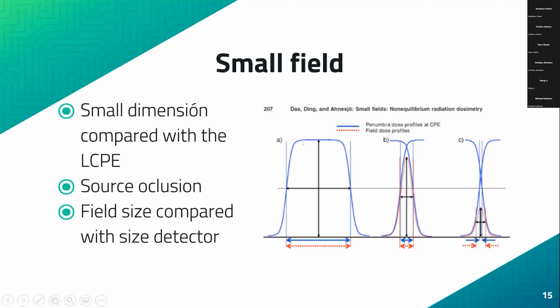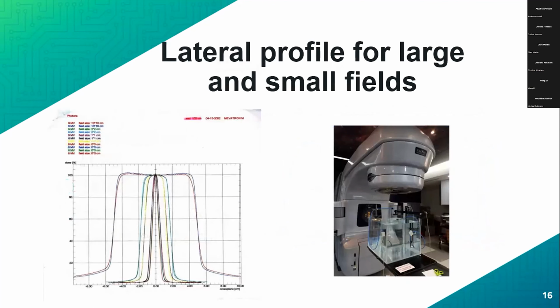Here we have a lateral profile for X-rays for a large field, but when we have a small field, we can have source occlusion. Then we work on this type of field. The lateral profile of a large field we can show here, and this is for a small field.